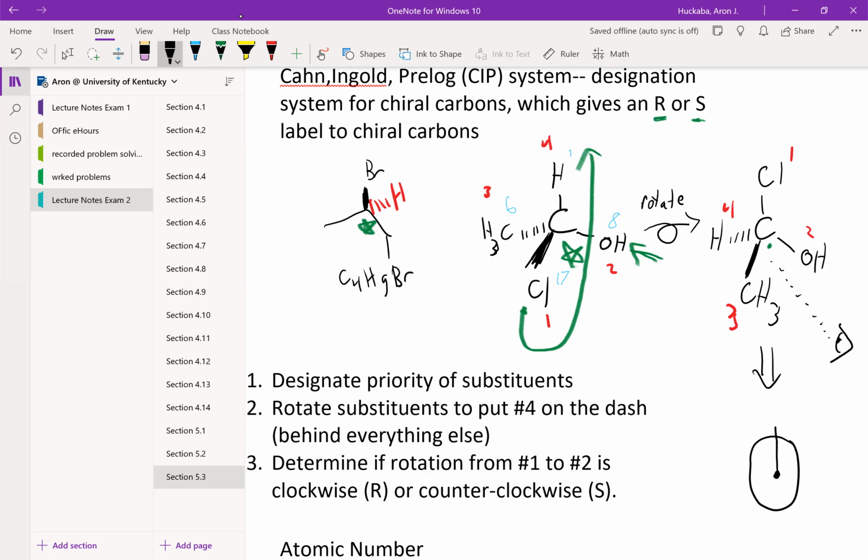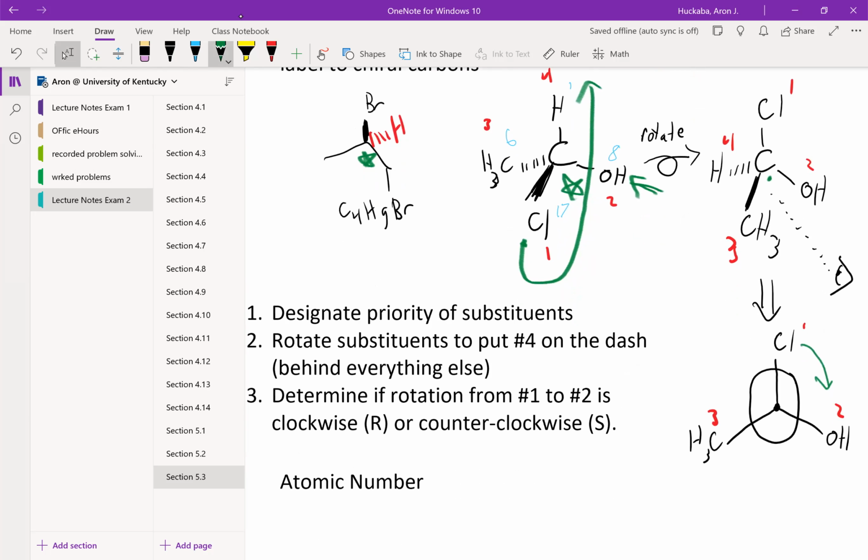And now you have something coming up and two things on the side, because the hydrogen is in back. Remember, we don't see that. So now you have your chlorine there, OH here, and CH3 here. 1, 2, 3. So now it should be very easy to tell how to rotate this molecule from 1 to 2, and it should be clear that that should be a clockwise rotation, which means this should be R.